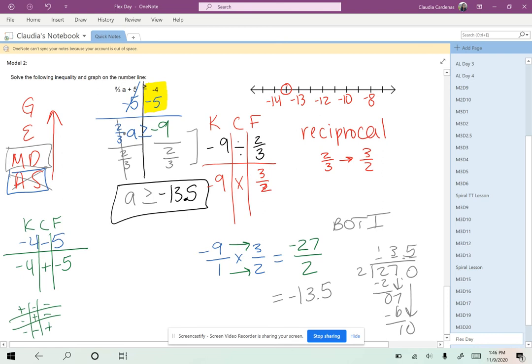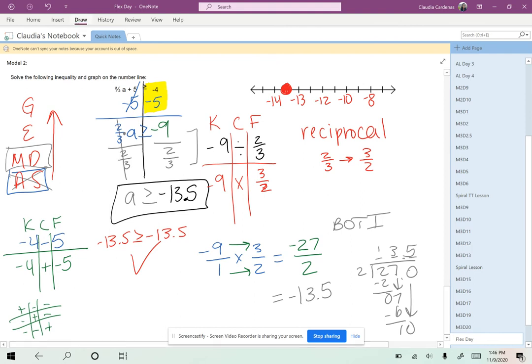And so now that we have negative 13.5, we need to ask ourselves, does this include negative 13.5 as a solution to our inequality? Is negative 13.5 greater than or equal to negative 13.5? Well, since it's equal to, and we know that that's that bar underneath the greater than sign, then we know that's true, and we will shade in the circle above negative 13.5.